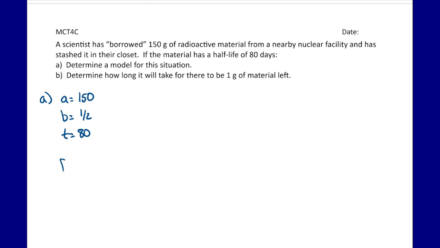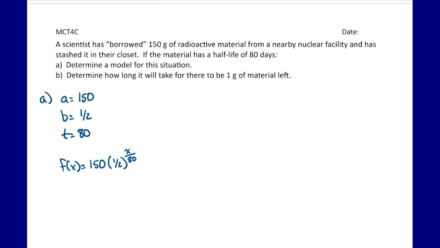So that means our equation will be f of x is equal to 150 times 1/2 to the power of x over 80. If it was 80 days, 80 divided by 80 is 1. So that means it's 1 half-life. So the 150 decreases by 1/2.